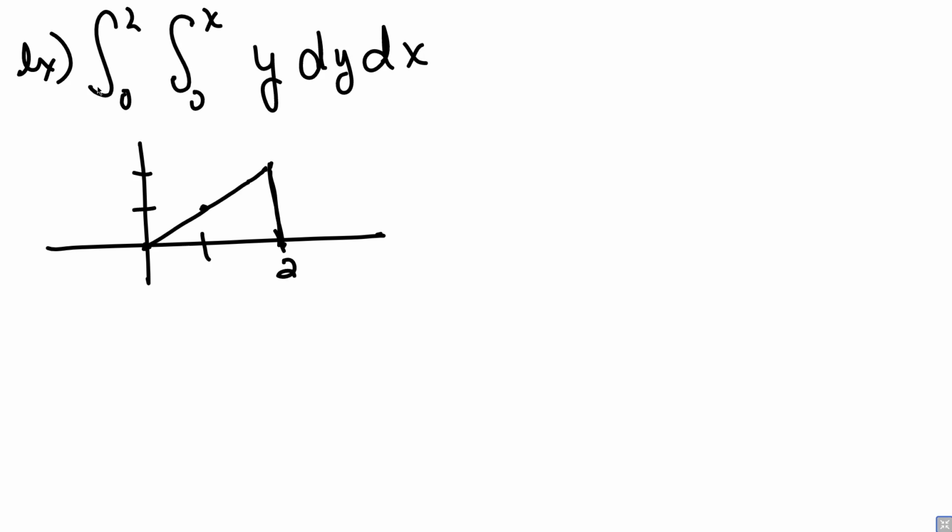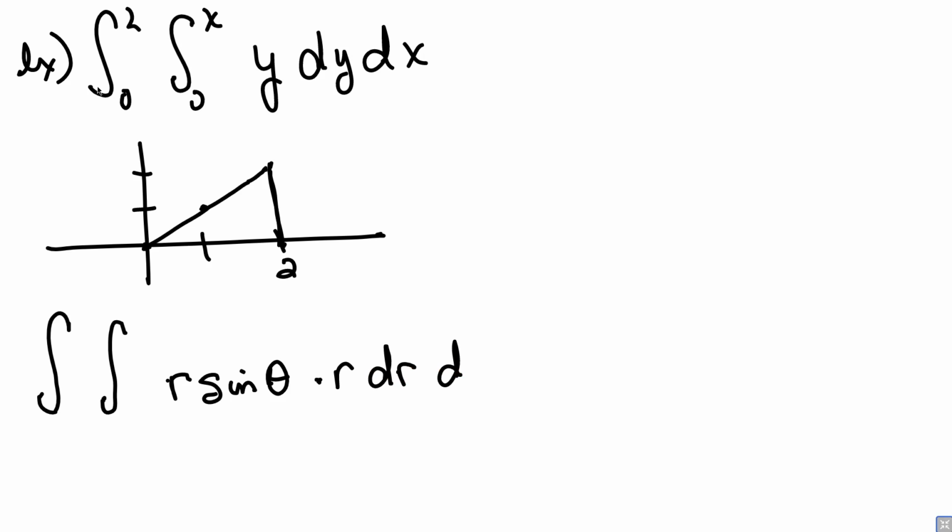Okay, so if we switch this over to polar form, we're going to have the double integral. Now in place of y, we're going to put r sine theta, but we have to multiply that by r when we switch it over, then we have dr d theta.